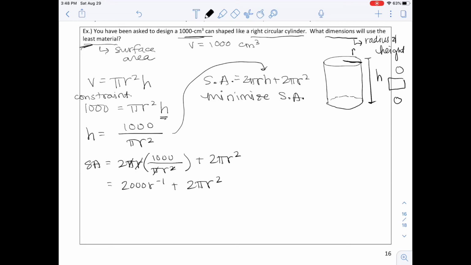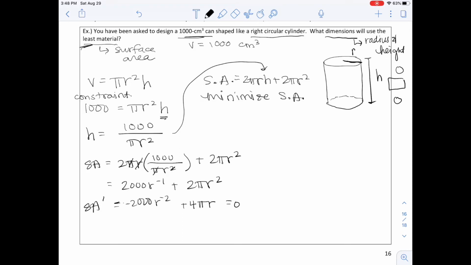To find out where anything is maximized or minimized, we have to go ahead and take a derivative. So I'm going to take the derivative of our surface area formula with respect to the radius, since that's our variable here. We have negative 2,000 r to the negative second plus 4 pi r. I'm going to set this equal to 0.